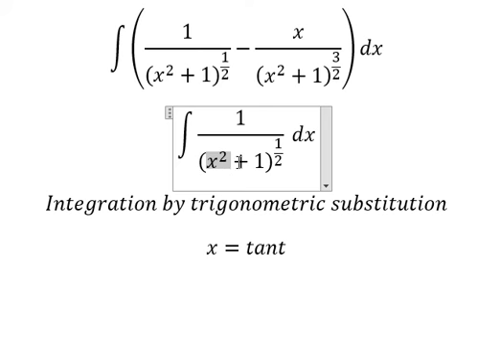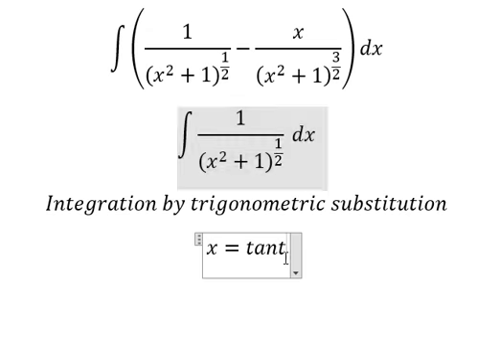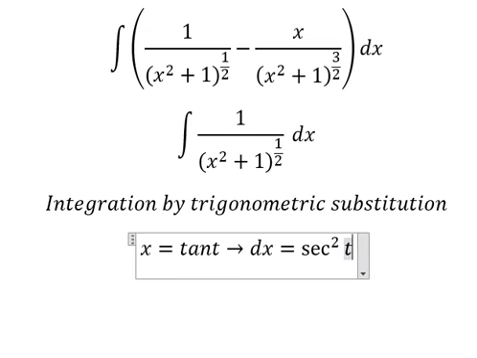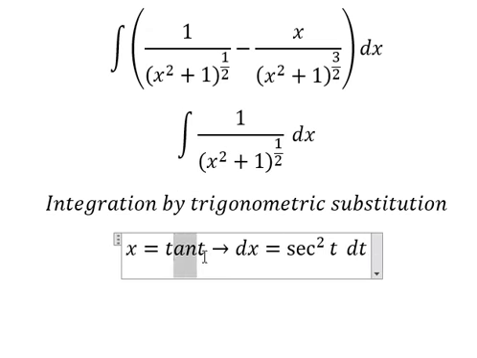Tan t squared plus 1, we change to secant of t squared, and later that we simplify 1 over 2 and ds. This one we have secant of t squared dt. First derivative of tan t, we have secant of t squared.